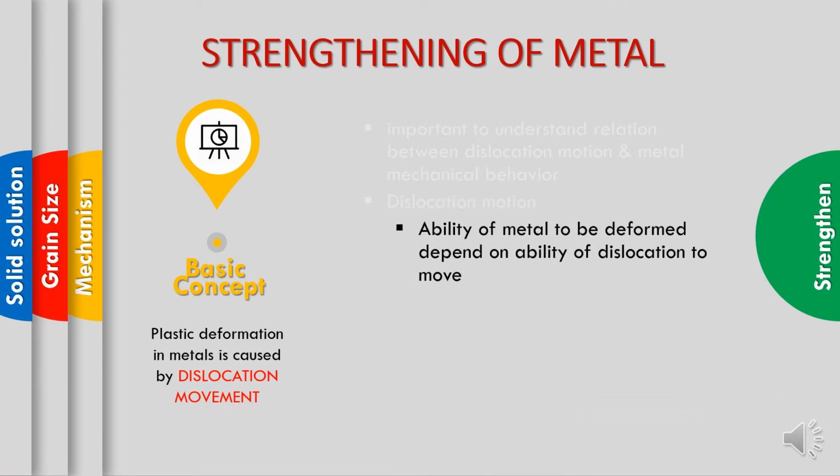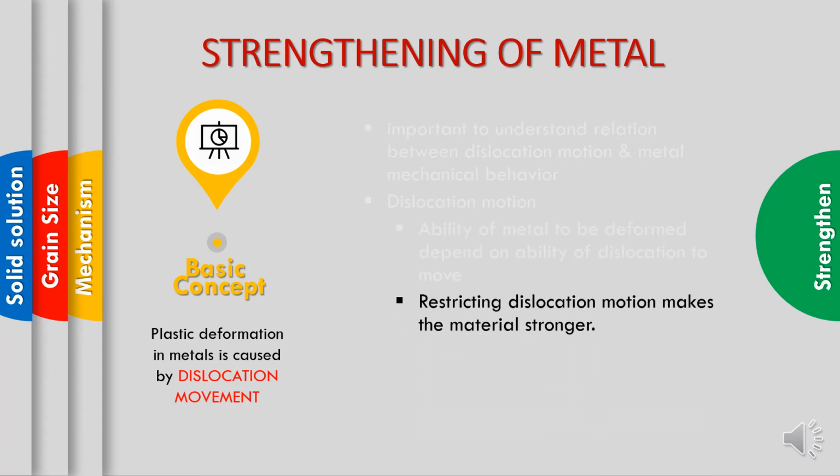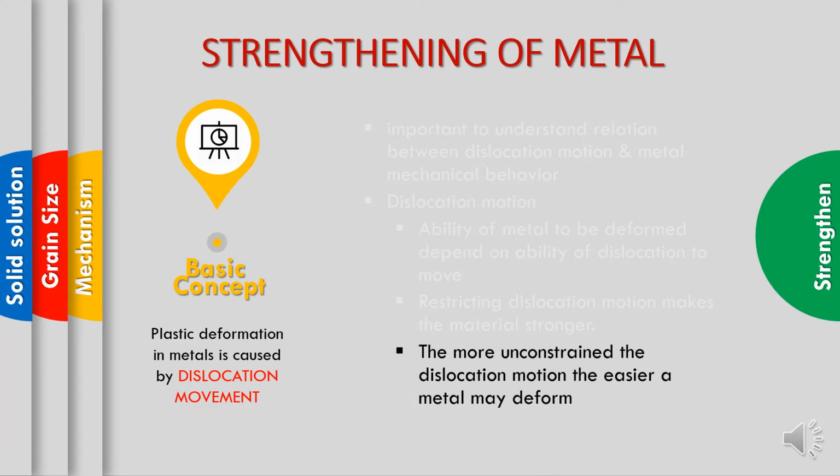The ability of a metal to be deformed depends on the ability of dislocations to move. Restricting dislocation motion makes the material stronger. The more unconstrained the dislocation motion, the easier a metal may deform.